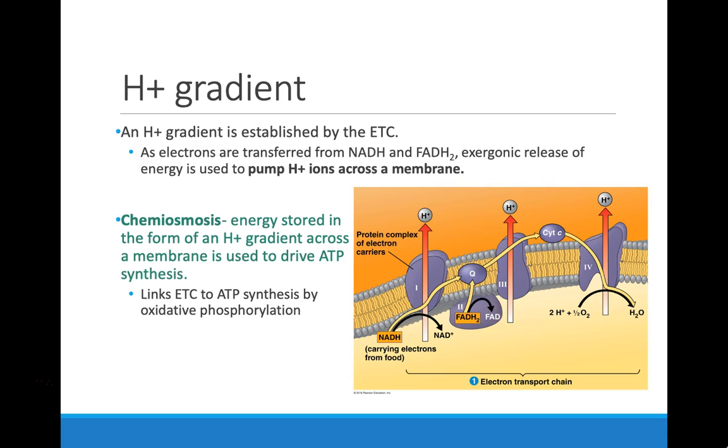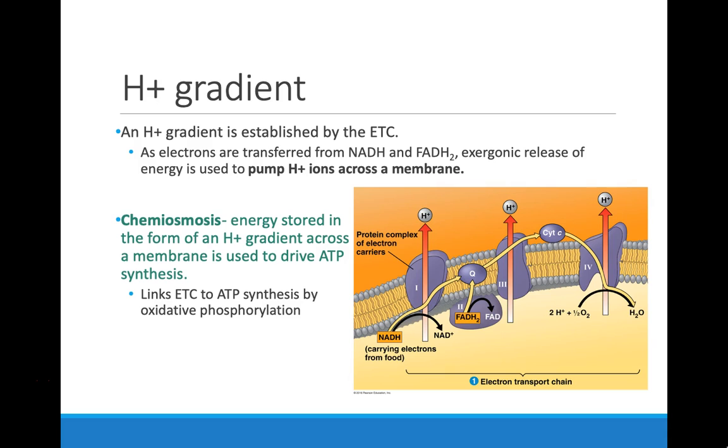So as those electrons are transferred into our electron transport chain, they lose energy. The reason that they lose energy is that energy is actually used to produce a hydrogen ion gradient. So remember, in chapter 5, we talked about active transport that requires energy, and one of the things we talked about was a hydrogen proton pump.